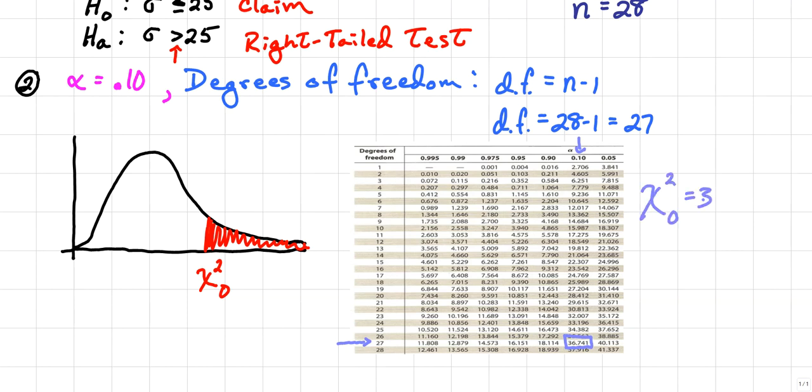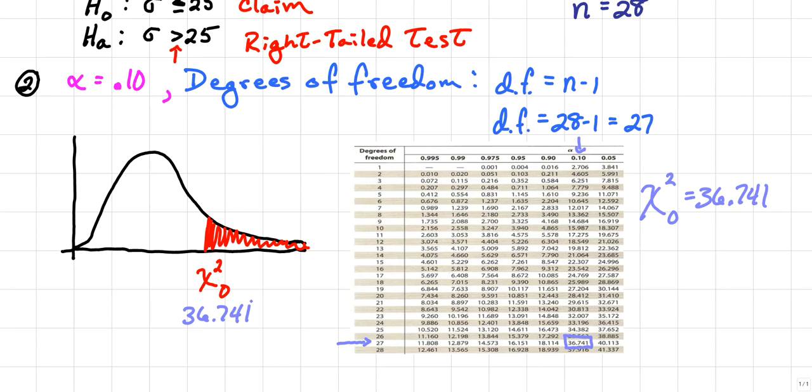And that's going to be equal to 36.741. So we can write that right here as our cutoff value. So anything greater than that, as far as the chi-square test, is going to fall into the rejection region.